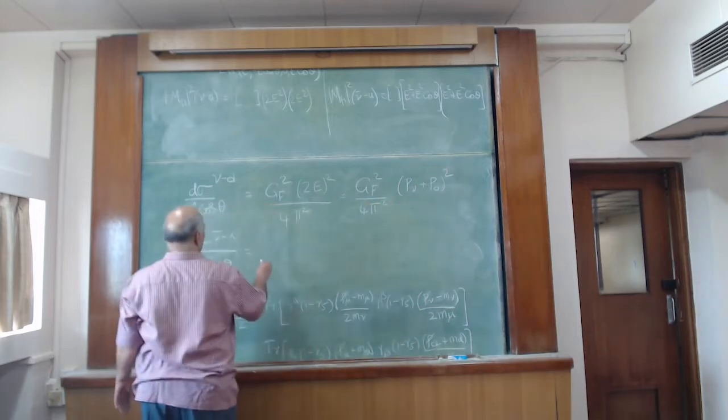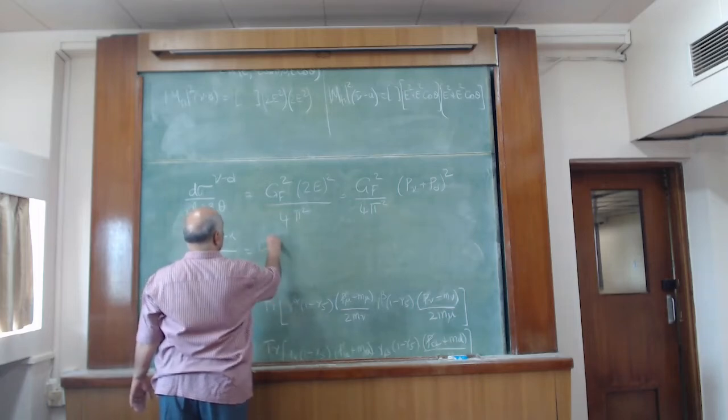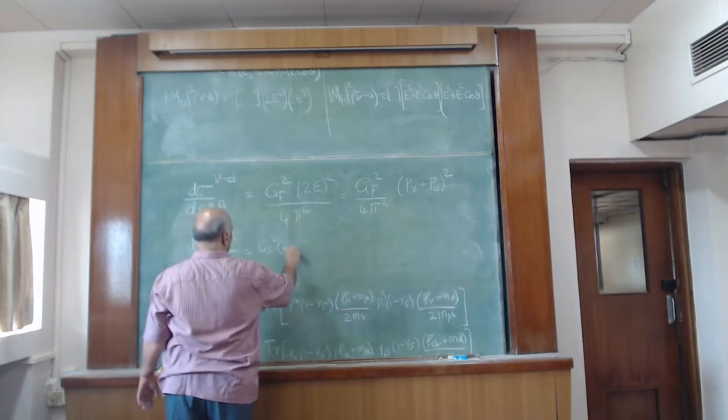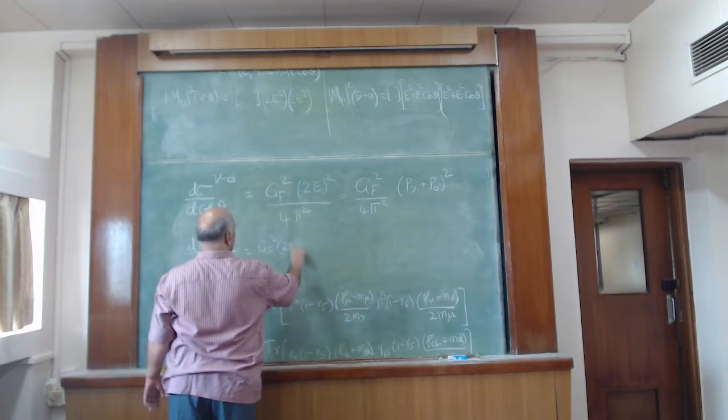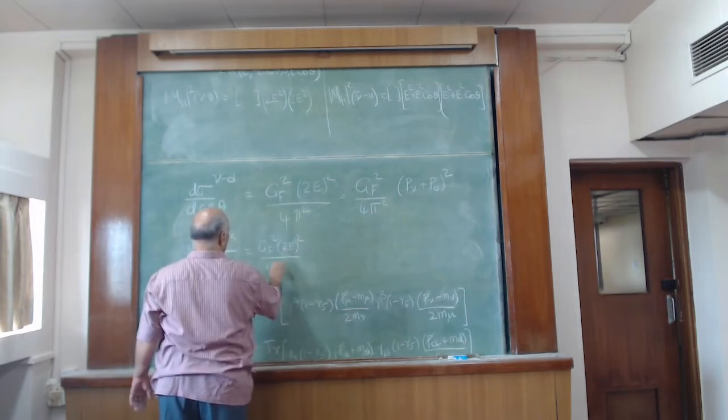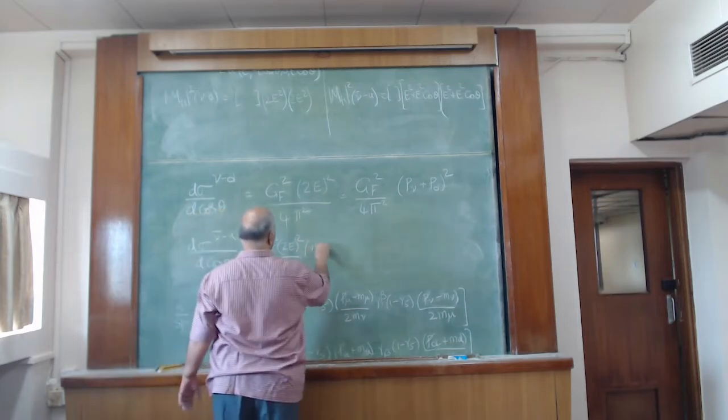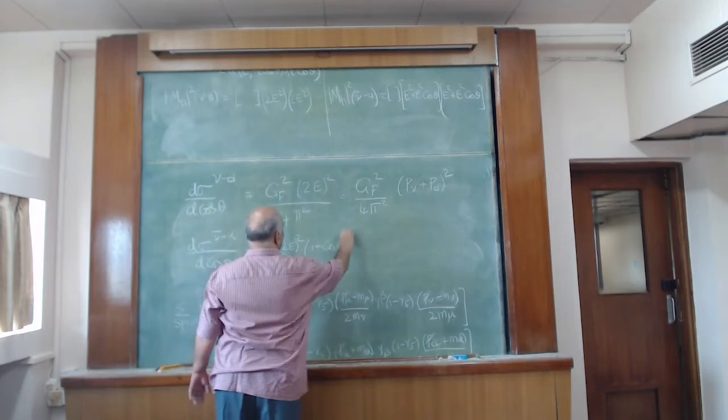So this is GF square (p_nu plus p_p) whole square by 4 pi square times (1 plus cos theta) whole square.